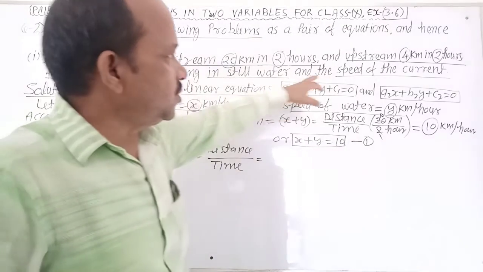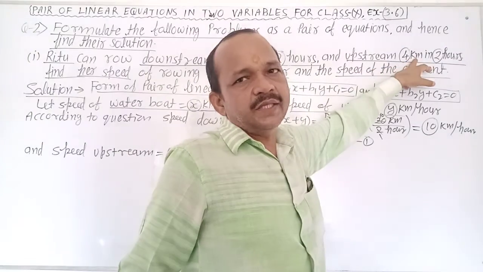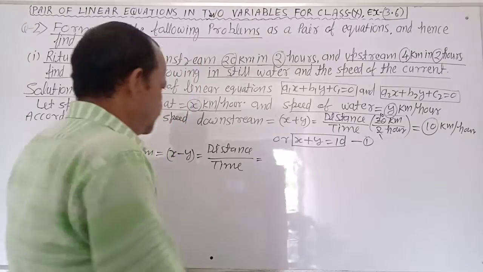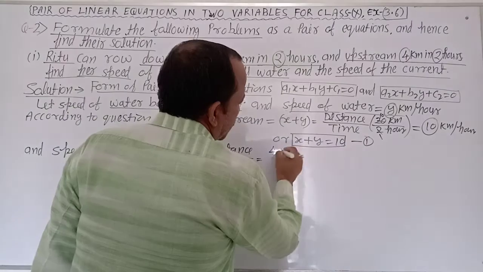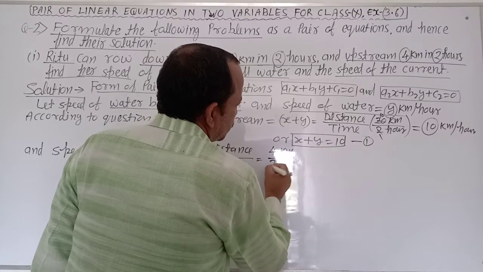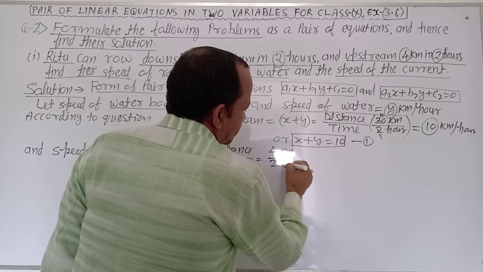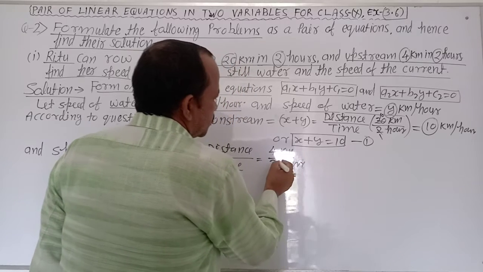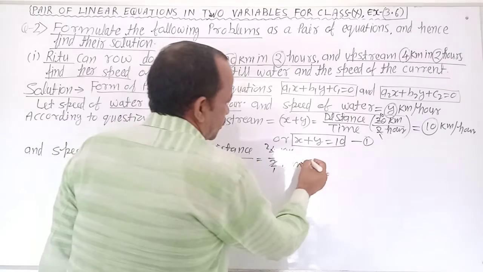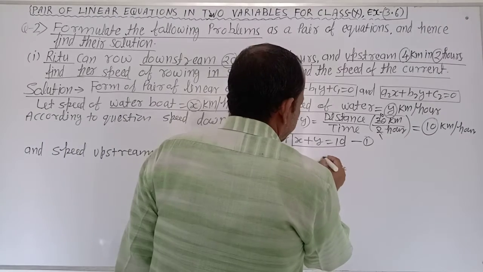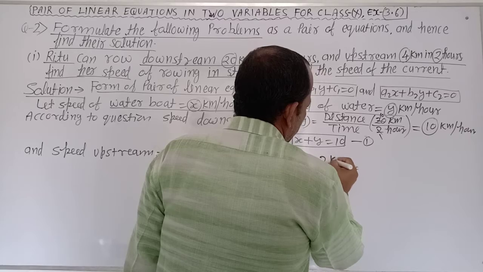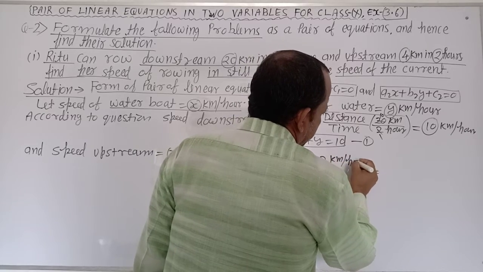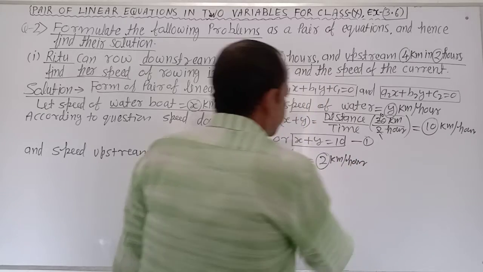Here according to the second situation, distance 4 km, time 2 hours. 4 km upon 2 hours. 2 ones are 2, 2 twos are 4, equal to 2 km per hour.